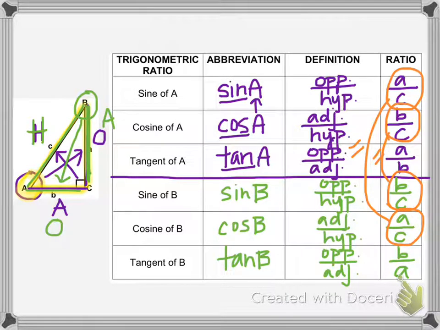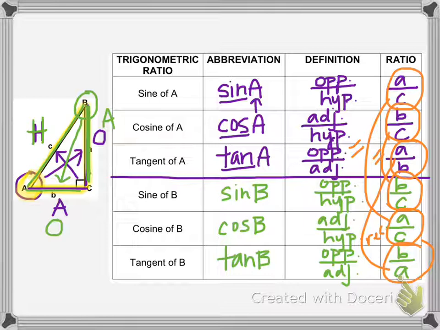And that's because the opposite and adjacent sides flip-flopped, right? The denominators are all C because the hypotenuse didn't move. Notice the relationship between the tangents. They're reciprocals of each other. They're reciprocals, R-E-C for reciprocal. So as you do this, you're going to notice some of these patterns. All right, so let's try this with an example.